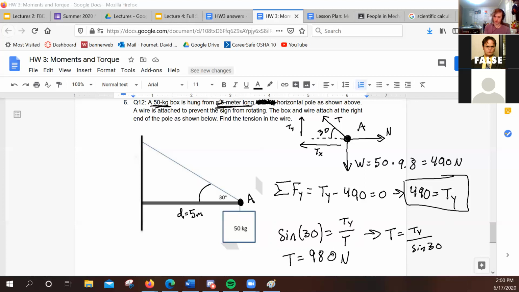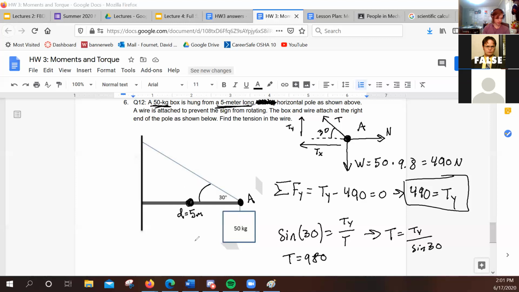We did not end up needing to use this 5 meters here because I took out the weight of the rod. If the weight of the rod were there, then we would have had to do a little bit more. Halfway through the rod is where the force is going to be applied because it's the center of mass, right? You can always take all of the weight or all of the mass of something and just apply it to a single point at the center of mass.